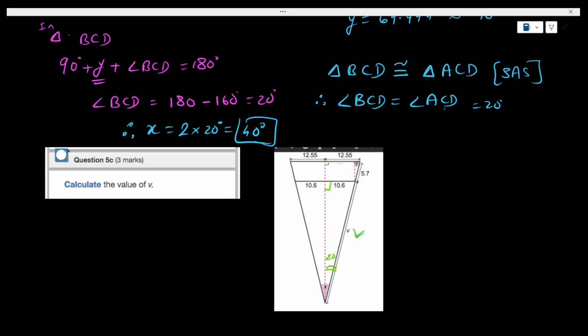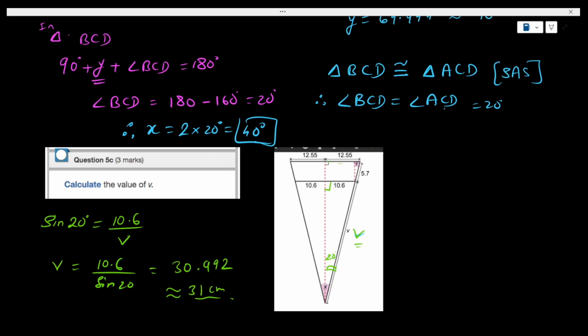V is the hypotenuse and this is the opposite, so sine 20 degrees equals 10.6 by V. So V equals 10.6 by sine 20, which is 30.992, approximately 31 centimeters, right?